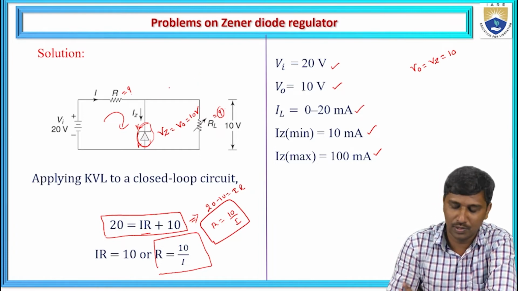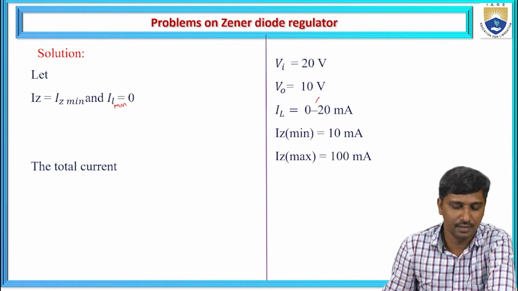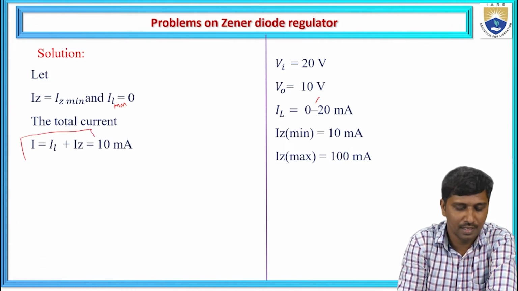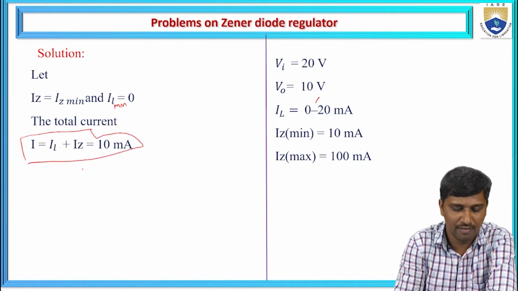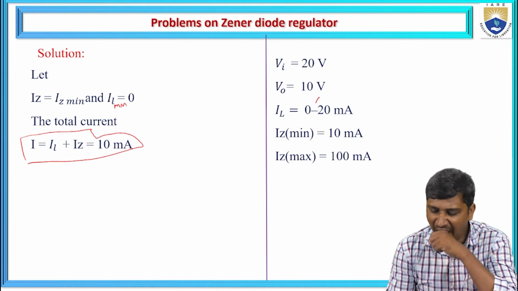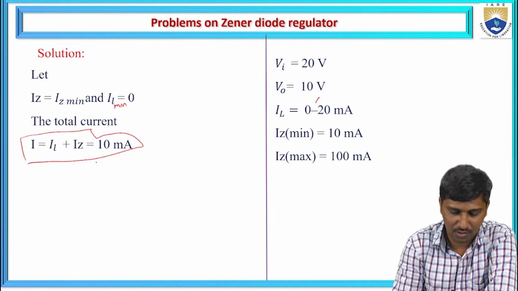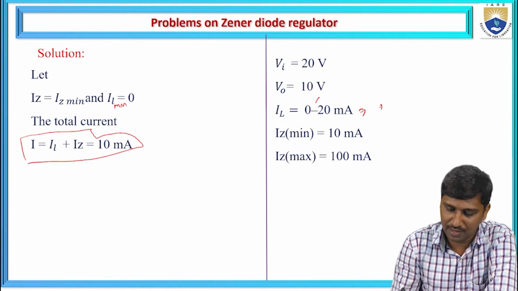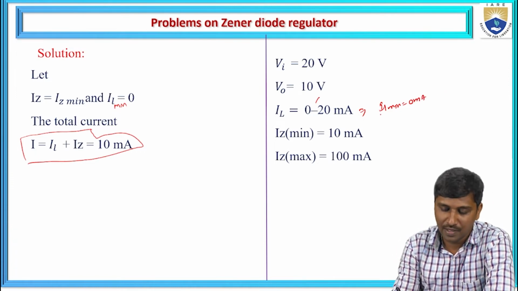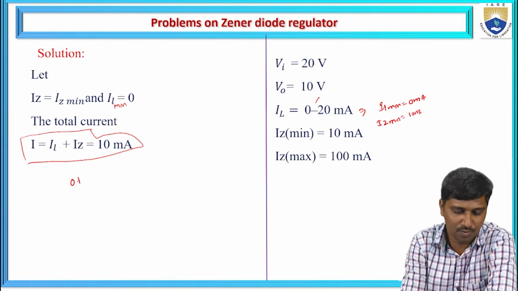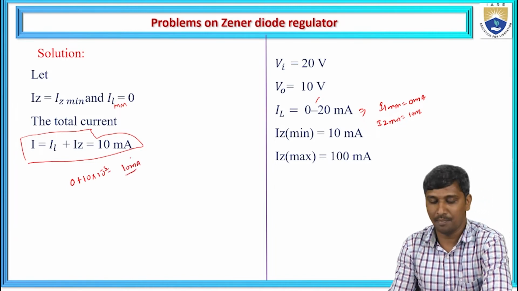So I is equal to IZ plus IL. That is the reason we represent it as I is equal to IL plus IZ, where here I'm going to find the minimum value. So IL minimum is 0 milliamperes, and IZ minimum value is 10 milliamperes. That is the reason 0 plus 10 milliamperes is equal to 10 milliamperes.